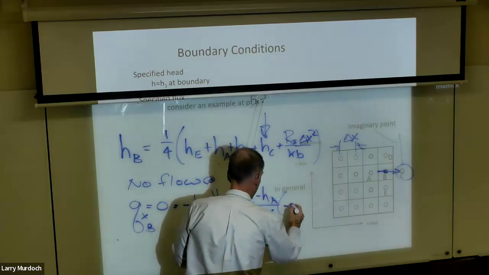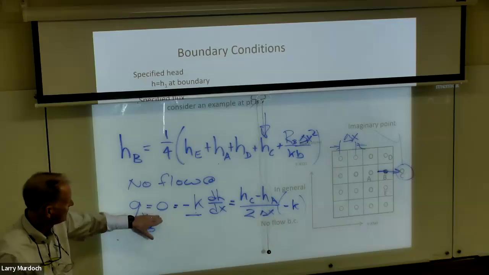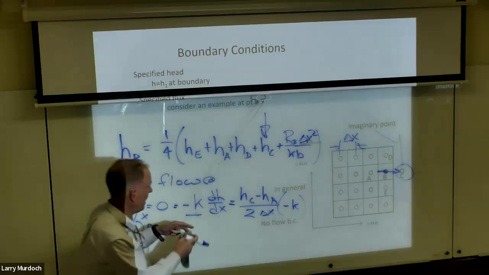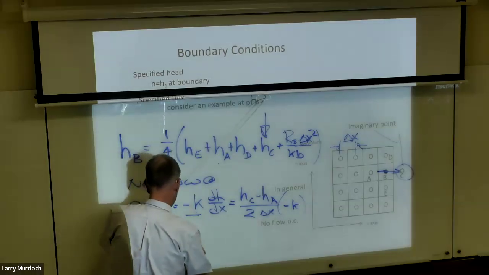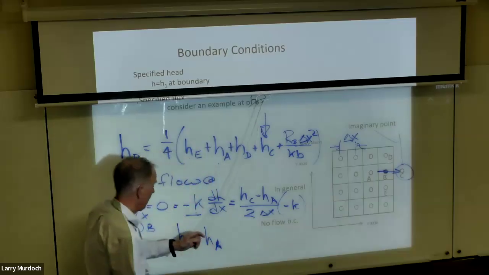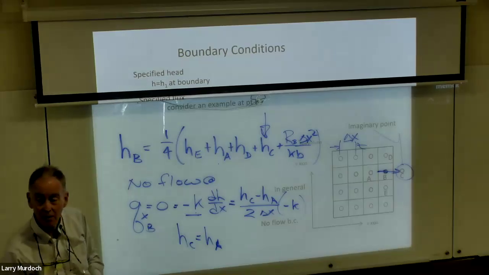So we have minus K. All right, so if the flux is going to be 0, the only reliable way to do that is if H C equals H A. Then the gradient is 0 and the flux would be 0.